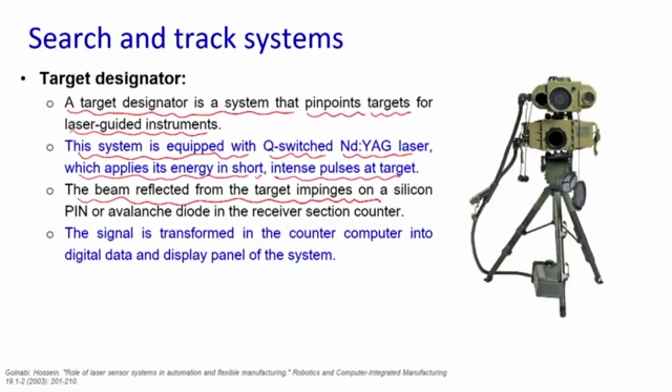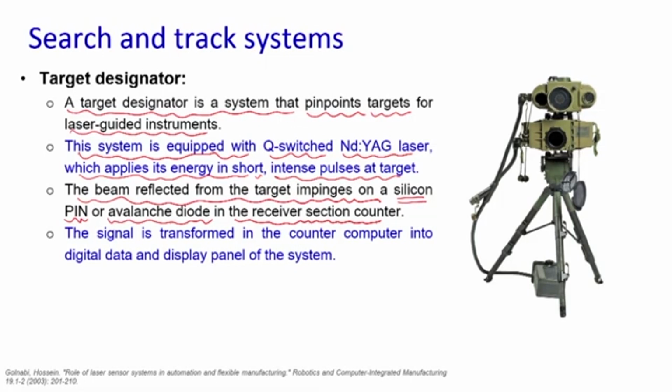The beam which is reflected from the target is impinging on a silicon pin, that is, on a silicon substrate or avalanche diode. So, whatever reflections come from the target will fall on the silicon pin or avalanche diode, which are there in the receiver section counter.